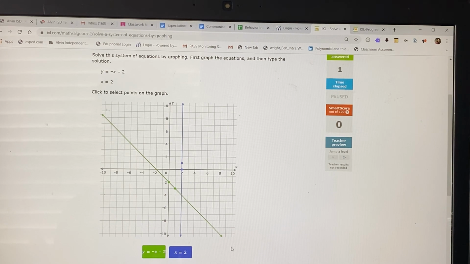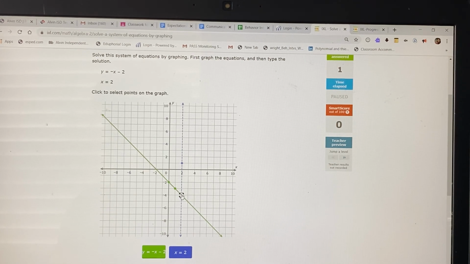So now that we have the system of equations graphed, all we have to do now is find their intersection. That will be their solution. So if you come here and you see that they intersect at this one spot, just right there, that is an ordered pair. So you just have to find out what that pair is. So remember, we use xy for our ordered pair.